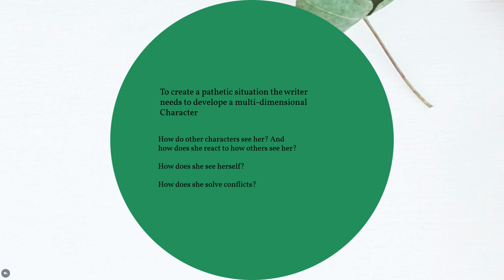How does Ultima handle the conflict of being considered a witch? So there's several ways, and these are three ways that a writer develops a multi-dimensional character. You should know this character. I've often said that you should know a character well enough to know what not to get them for their birthdays.